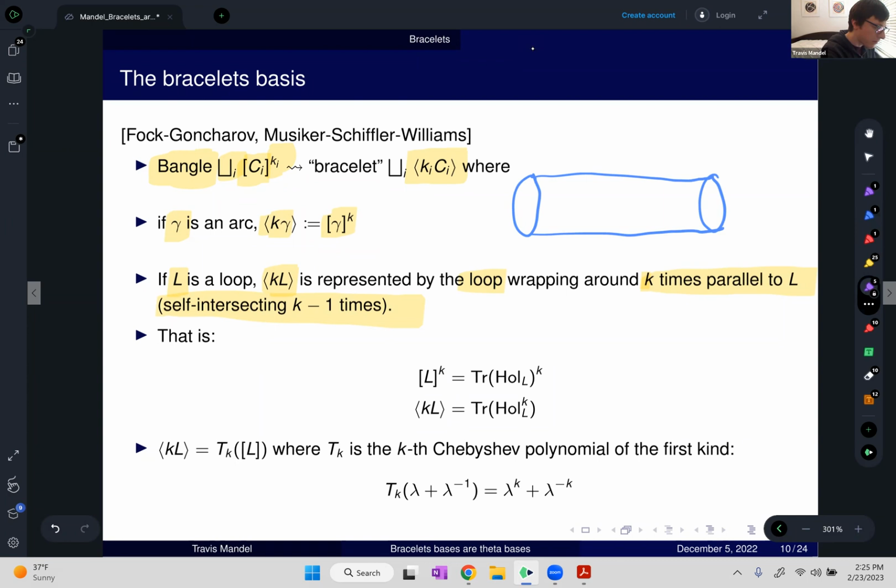So I can draw this. If we have a loop, so if this is our L, then KL would be something like this. I think I should have done that around the back.